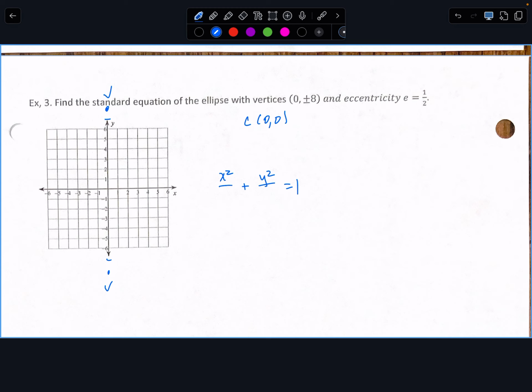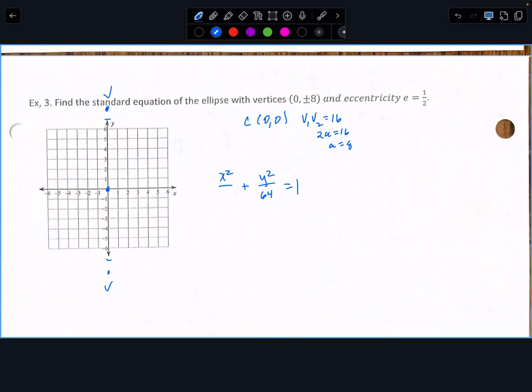The distance between vertices is my 2a. So vertex 1 to vertex 2 is 16, because you're up 8 and down 8. That is my 2a, and a is just 8. From the center to a vertex is the value of a. And so since it's longer up and down, a squared, which is 64, goes under the y squared.